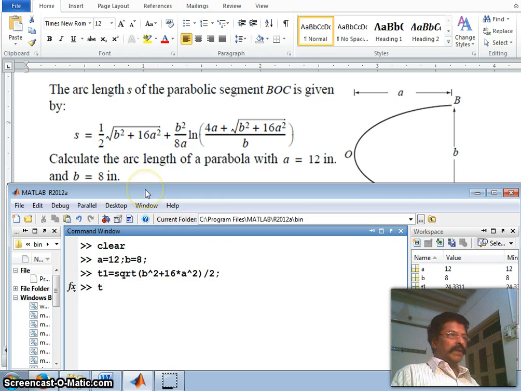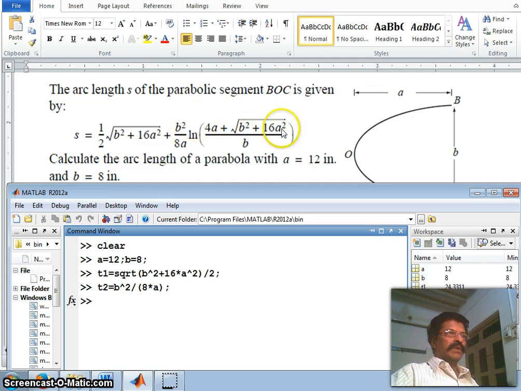Alright. Then term 2 is equal to B square into 18, therefore B square divided by 8 multiplied by A. Since both have equal priority, whether you put a bracket or not, I will put a bracket for clarity: B power 2 divided by 8 times A. This is my term 2.